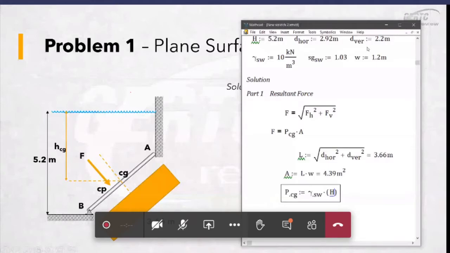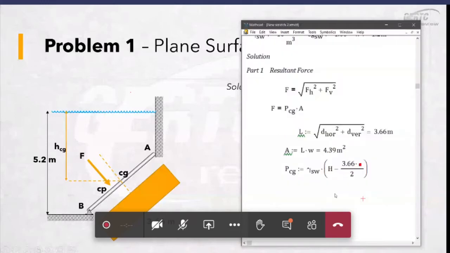If you look, that is actually half of 3.66, so 3.66 over 2, times sine of theta, because we have half. But I cannot proceed yet because I don't have the inclination theta.